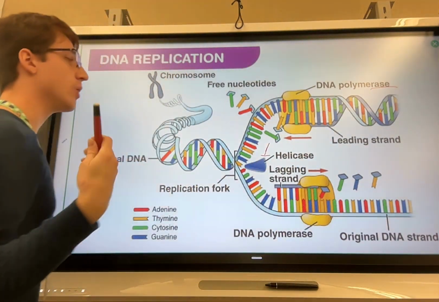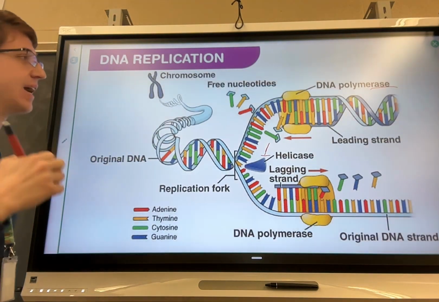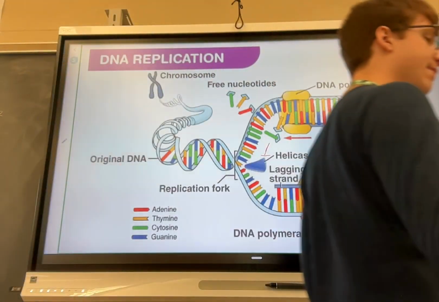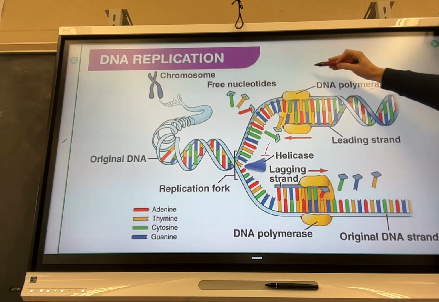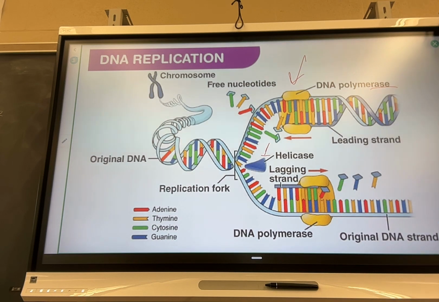But we are going to unzip our DNA. And from there, we have these little primer enzymes, these primase, which aren't on here, that are going to stick a little piece of RNA, and that's going to tell the DNA polymerase, this big yellow thing, where it needs to go.